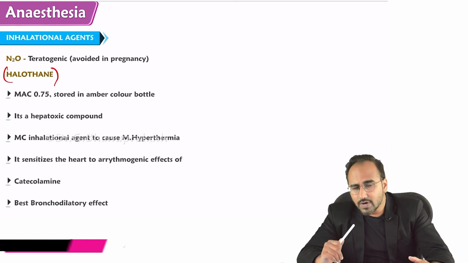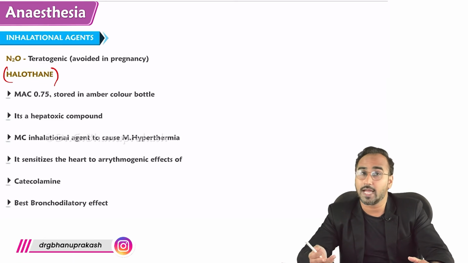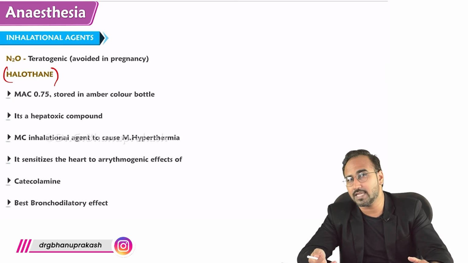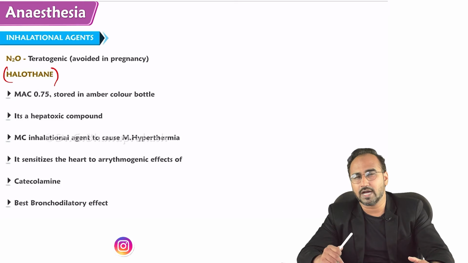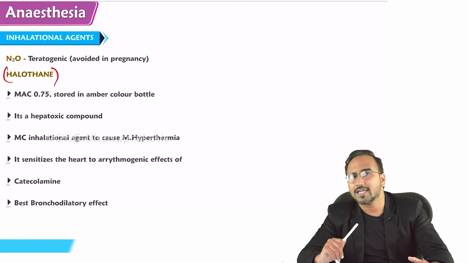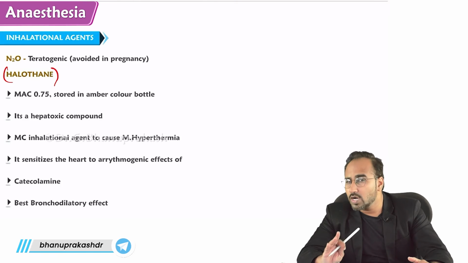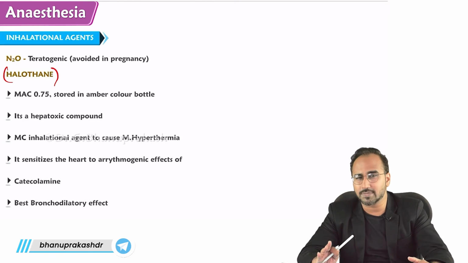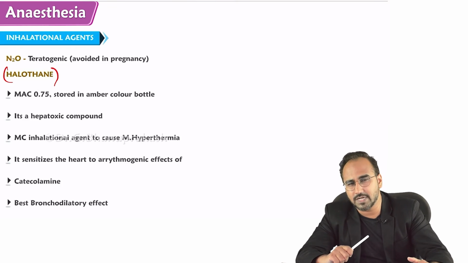Apart from that, halothane has maximum metabolism in the liver, hence it can cause halothane-induced hepatitis. Last point: halothane causes malignant hyperthermia. I told you almost all inhalational agents cause malignant hyperthermia, but the maximum incidence is seen with halothane.